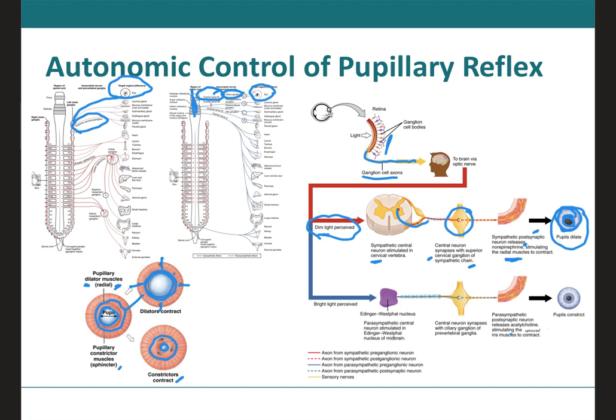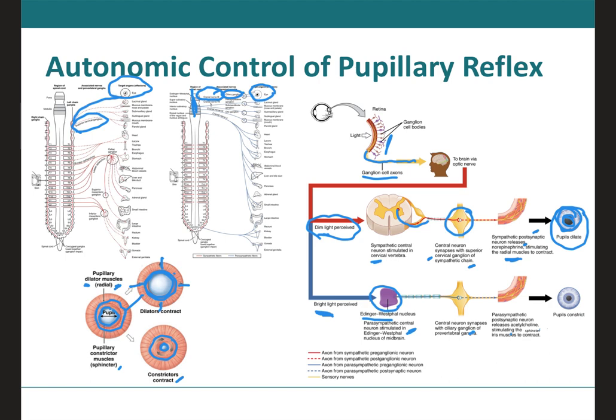Now, the other pathway: if you have too much light coming in, then it will go to this specific nucleus over here that has this very strange name, the Edinger-Westphal nucleus. And this will then activate your parasympathetic neuron that will then go to the ciliary ganglion.